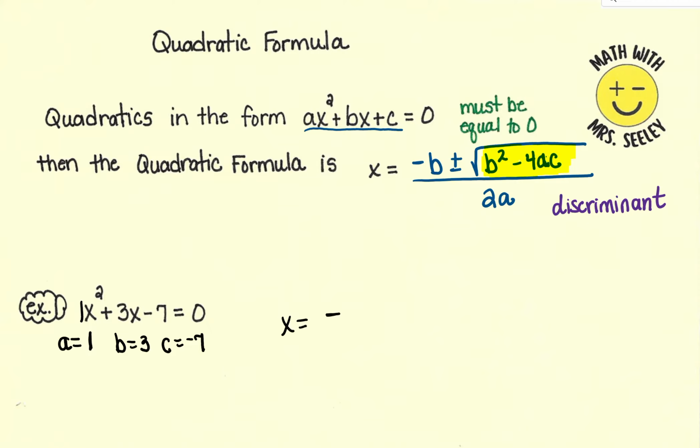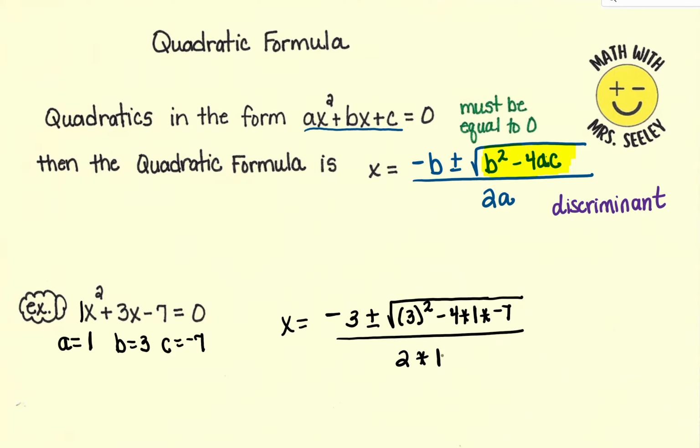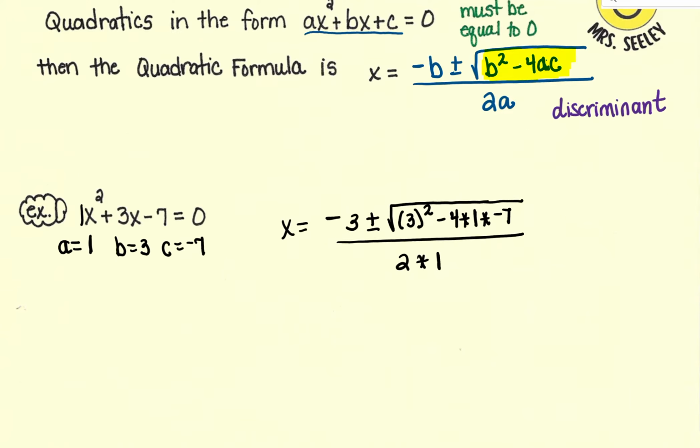X equals negative b, which is 3, plus or minus the square root of b, which is 3 squared, minus 4 times a times your c, all over 2 times a. All right, so that's going to tell us that x is negative 3 plus or minus.